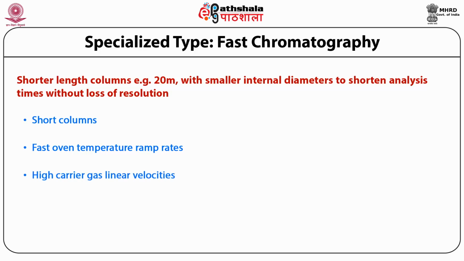And then the carrier gas goes through with a much higher linear velocity. The column IDs are also narrower and the film thickness is also low. So the combination of these characteristics of the GC system allows it to do the analysis in a much shorter period of time, which is desirable across applications.